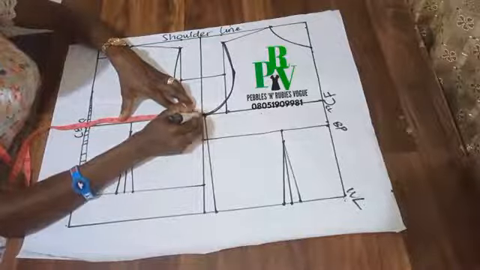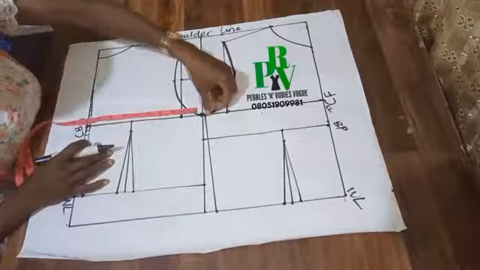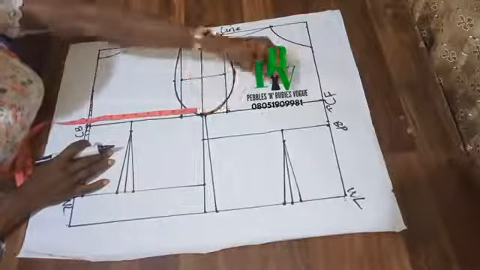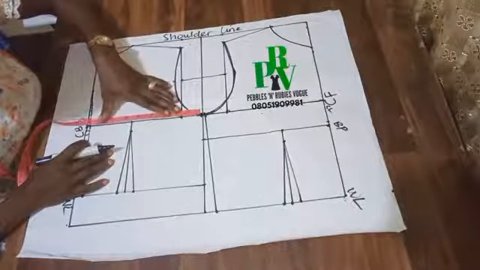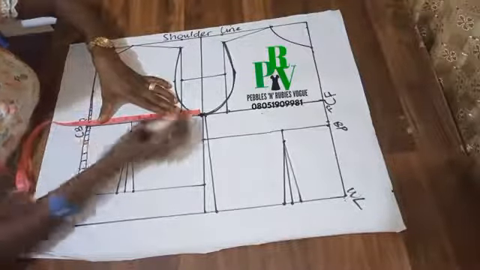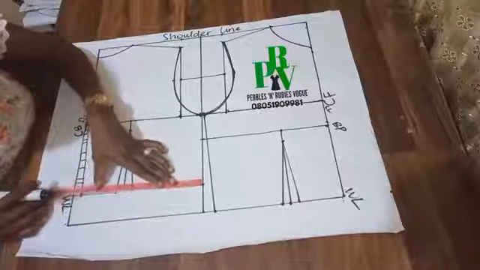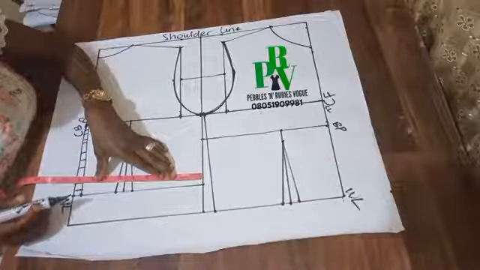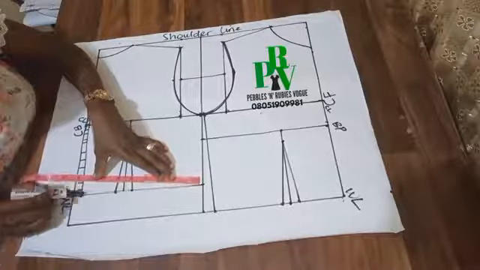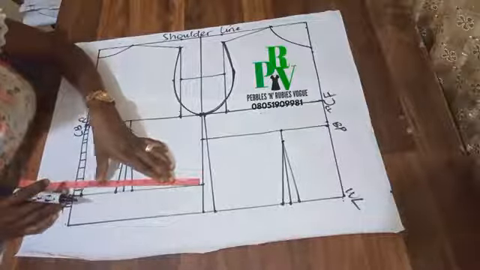I'm not going to add an ease here because there is no breast at the back. The essence of me adding 0.25 to the front bust circumference is because of the breast. So my 8.75, then I'll come to the waist and mark my waist measurement as well, which is 30 divided by 4 is 7.5 plus 1 inch dart allowance, that's 8.5, just like we did on the front block.